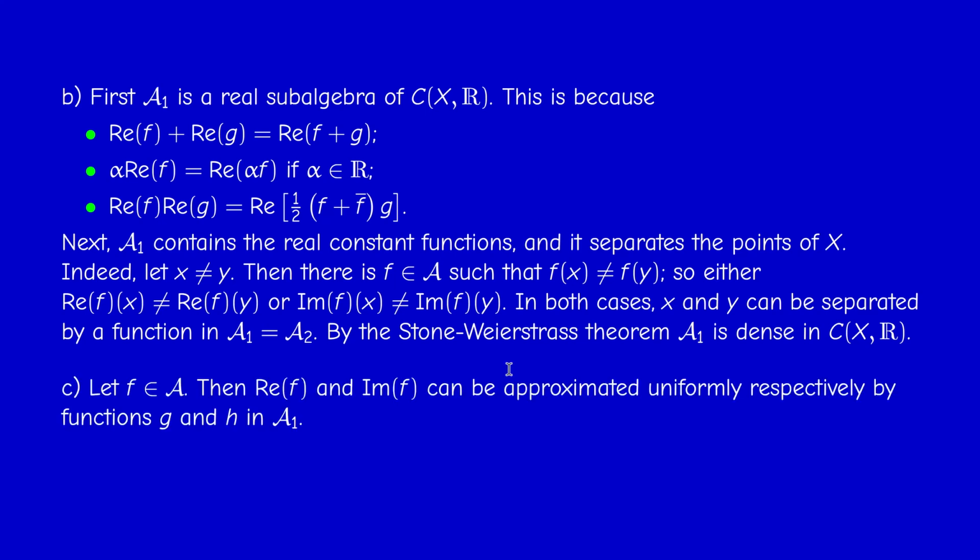And now we just have to conclude. What does density mean? It means that any element in C(X,R) can be approximated by an element in A1. So in particular, if you have an element f in calligraphic A, which is a complex valued function, its real part is in C(X,R), and the real part of f can be approximated by a function.